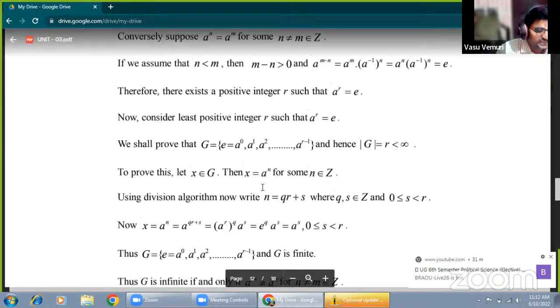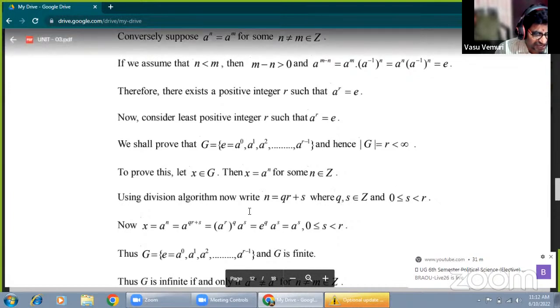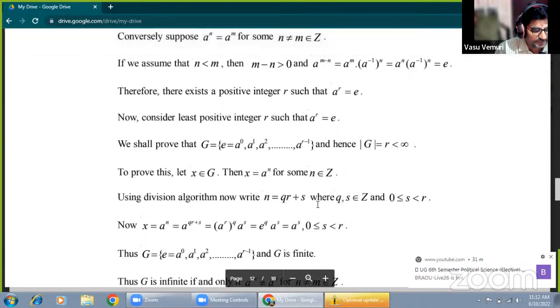We know the division algorithm: with quotient, dividend, divisor, and remainder, the relation is n equals qr plus s. Here q is the coefficient, r is the divisor and s is the remainder. Both q and s are integers.